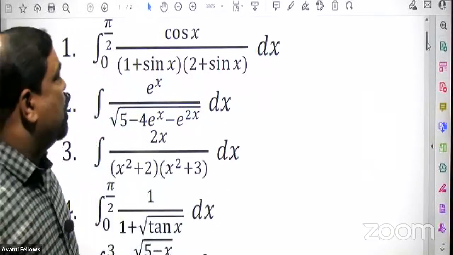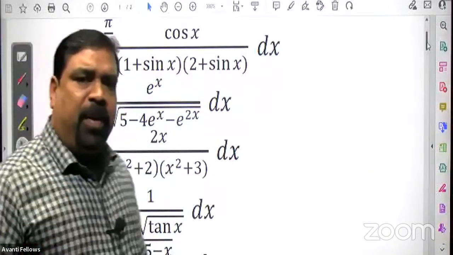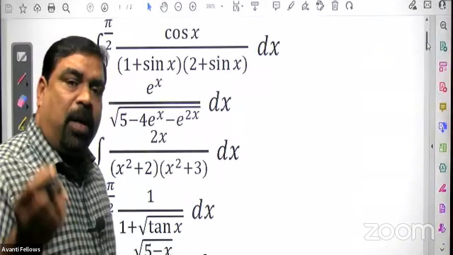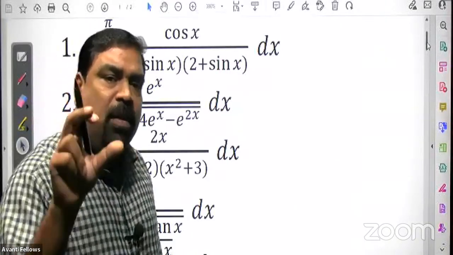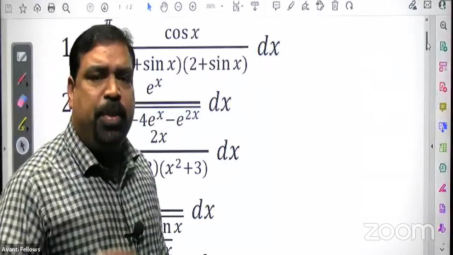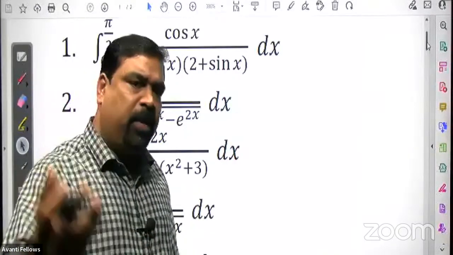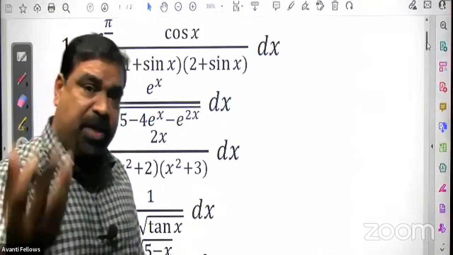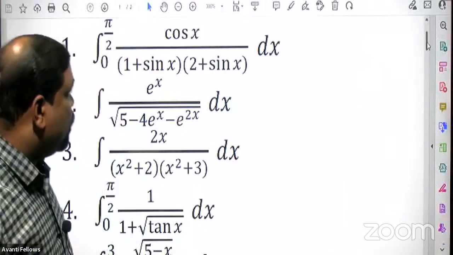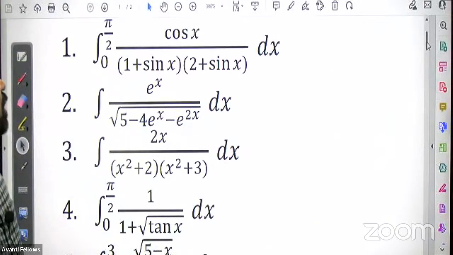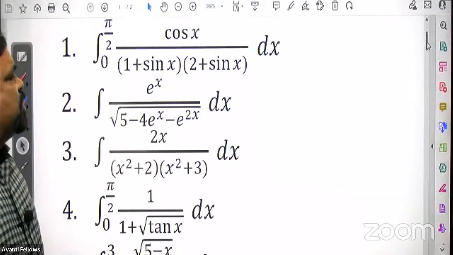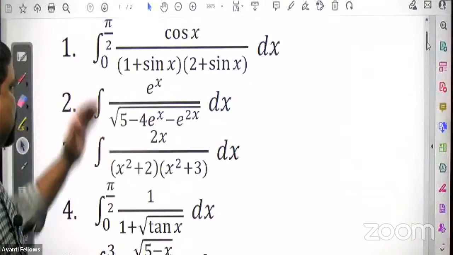Once you see a problem from integration, you must first identify which method can be applied here. Sometimes the substitution method, then after substitution we have to convert to some other method, sometimes partial fractions. So see the first question: cos x upon (1 plus sin x) into (2 plus sin x), integral from 0 to pi by 2.